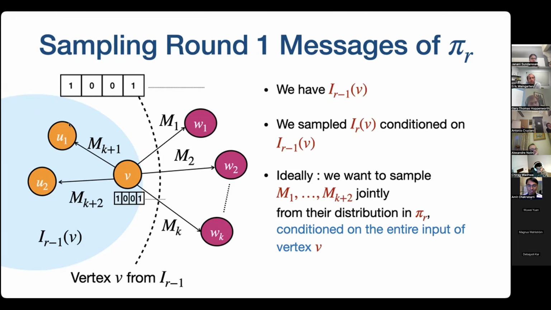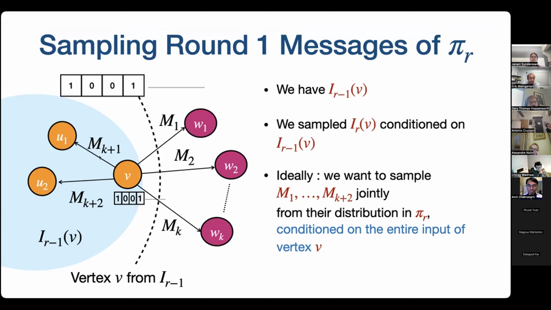But right now, U1 doesn't know. U1 only has a local perspective about its own edges. It is not possible for it to completely know the input of V at all, which means MK plus 1 would depend in a non-trivial way on the entire input of V. So you can't really sample this, whatever you do, to make U1 know this particular edge. So does that answer your question?